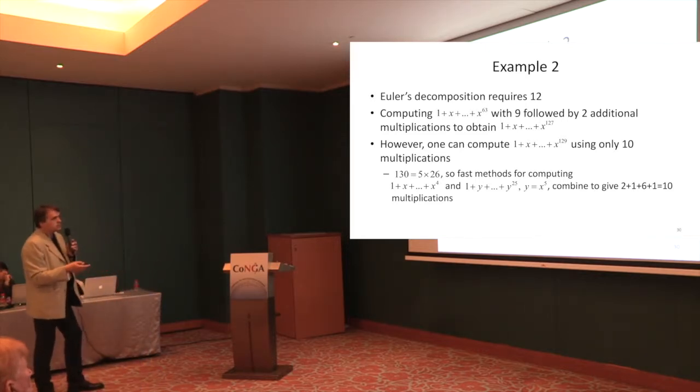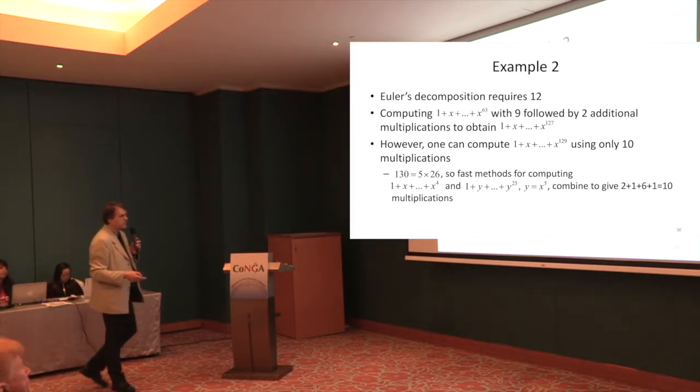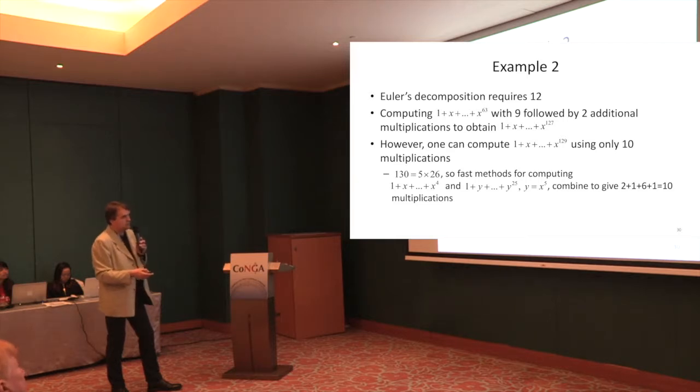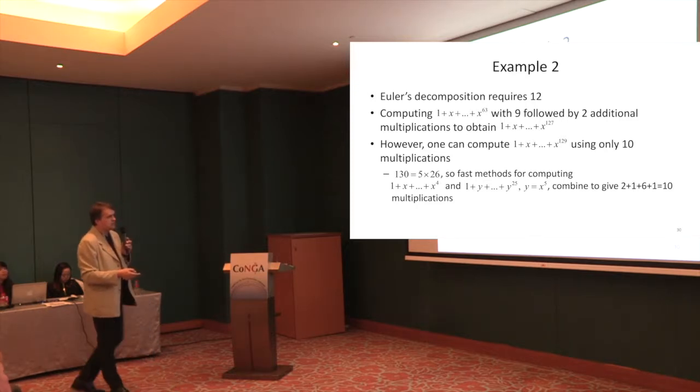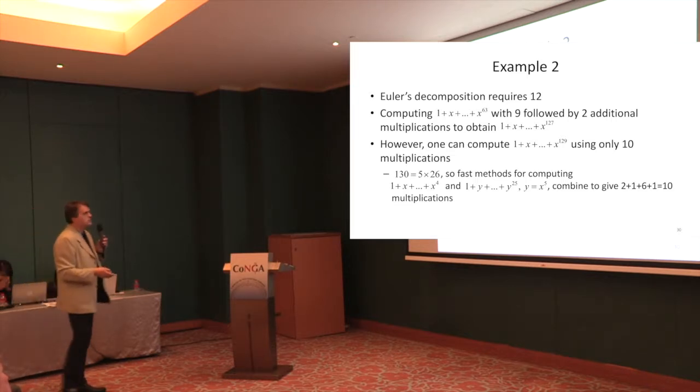We can do some tricks to get 11, but in fact, for 130, because it's a product of two really nice primes, 5 and 26, we can get only 10. So the question is always how to find some really interesting properties of the number of terms, which is 130 here, like 5 times 26, and find a good formula for this thing.